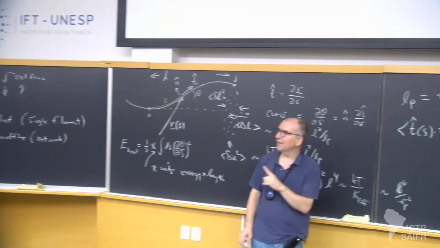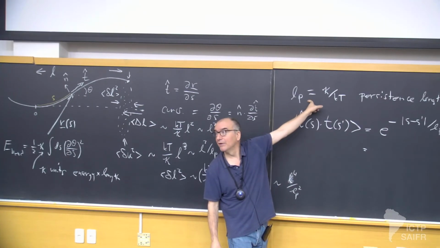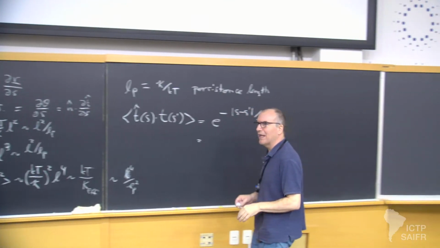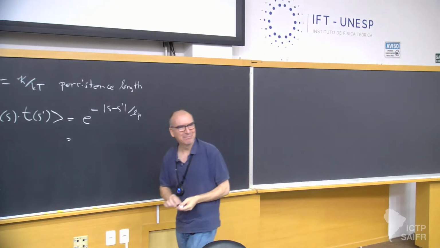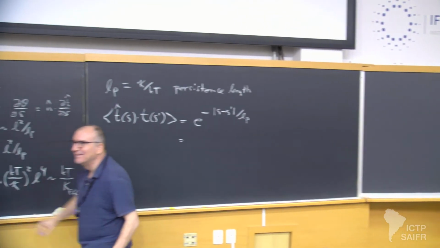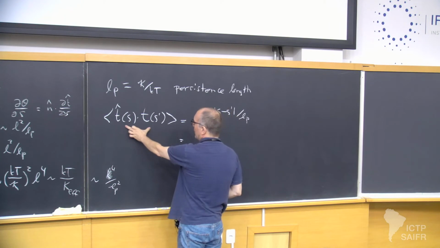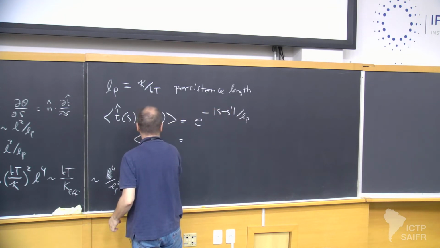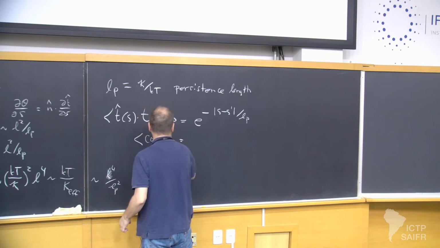The one full calculation I wanted to do is to derive this thing for you. It's pretty easy. This is probably the last thing I'll do to within a factor of 2, as opposed to a scaling argument. So how does this work? The other way to do this is also the average cosine of theta n minus theta 0.